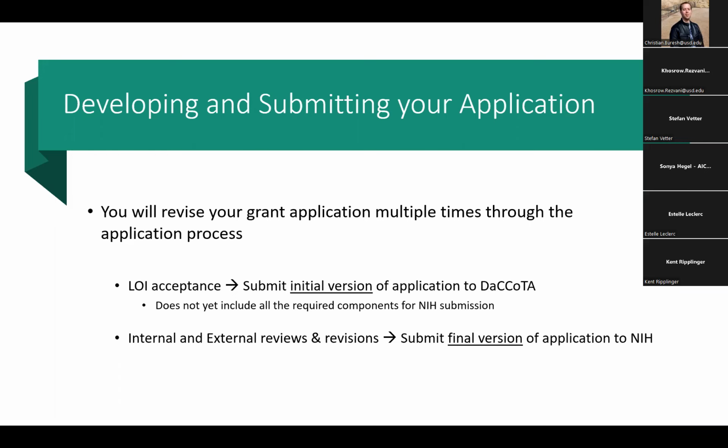And then there are multiple rounds of review, which may include some revisions on your part. And then you'll submit a final version of your application to NIH. And these two versions of your application are also going to include different components. And so I want to explain those on the next slides.